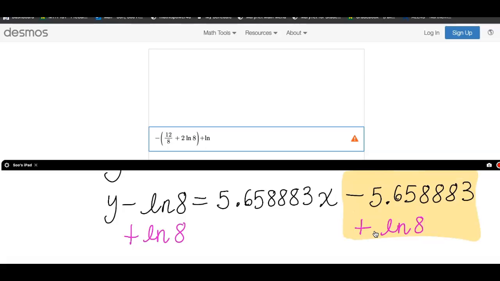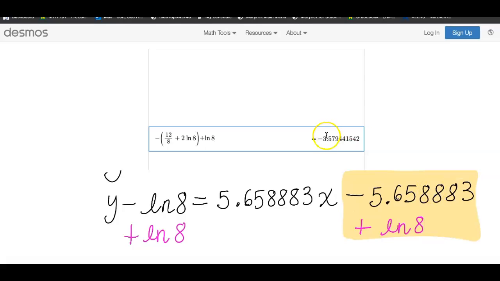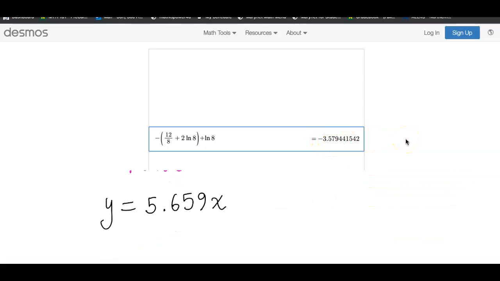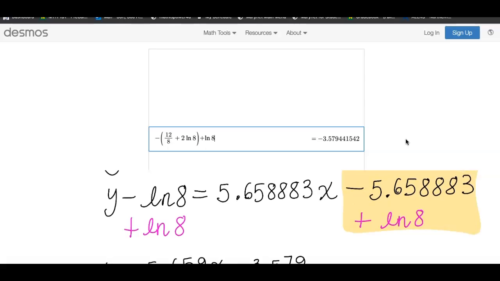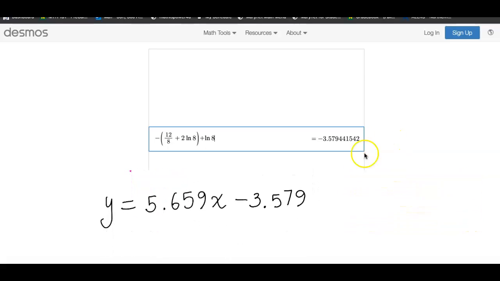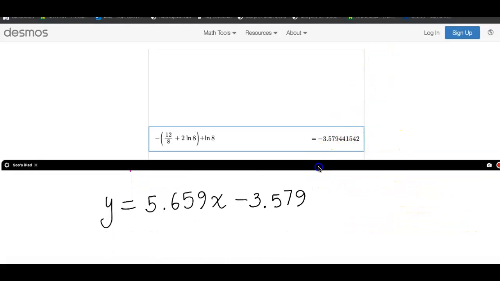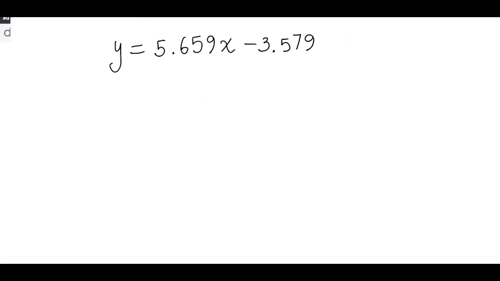If I do that, I get the y-intercept of negative 3.579. Let me write that down. Negative 3.579. And that is what I will do. That is how we write the equation of the tangent line.